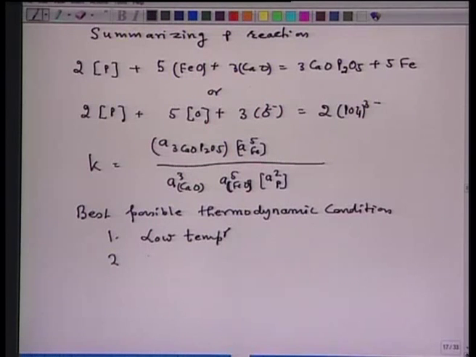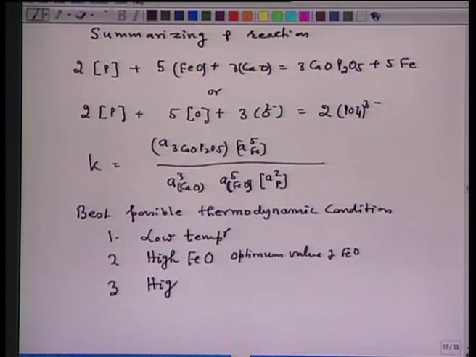Number 2, high FeO, but an optimum value of FeO, up to 15 to 20%. And third, high calcium oxide, that means the slag should be basic and limey. Here it is important that FeO should be dissolved in the slag, it should not be undissolved. Kinetically, stirring is always better for enhancing the rate of slag metal reaction.